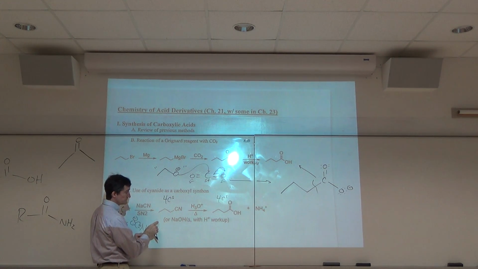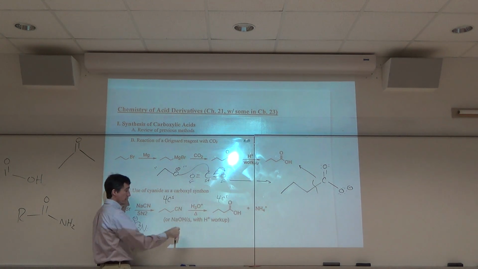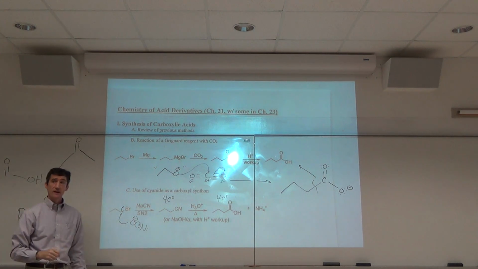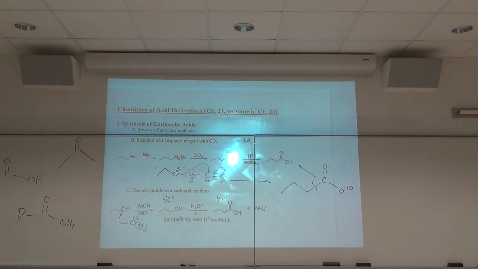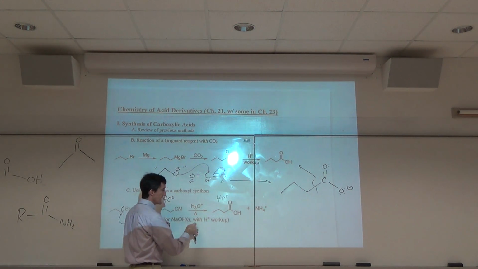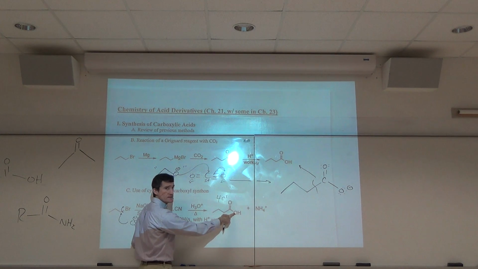You can either do it with water and acid, or water and base. So hydroxide, usually you have to have water. If you do it with base, you've got to have an H+ workup, because if you make this under basic conditions, it will be in the basic form.